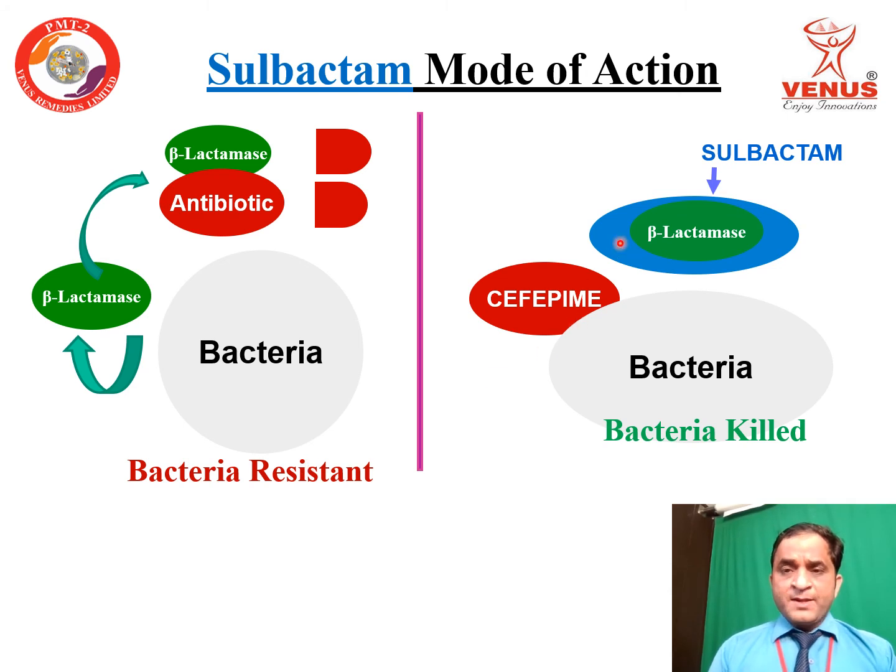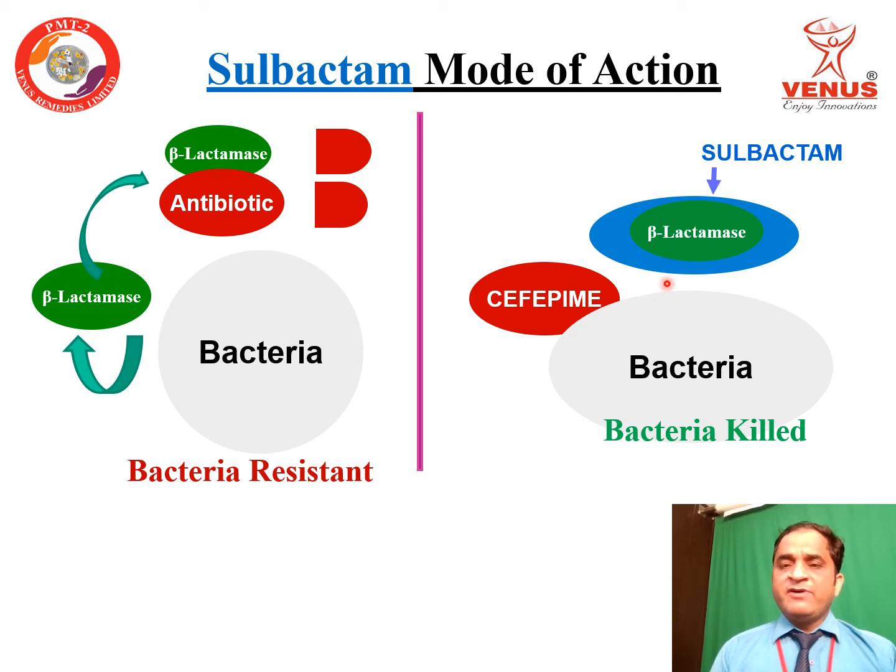So here, prior to this beta lactamase enzyme attacking this cefepime antibiotic, sulbactam inhibits this beta lactamase enzyme. So now you can easily understand that beta lactamase enzyme is inhibited by sulbactam. So now this beta lactamase enzyme is not in a free form, so that it can attack this cefepime antibiotic and destroy it.